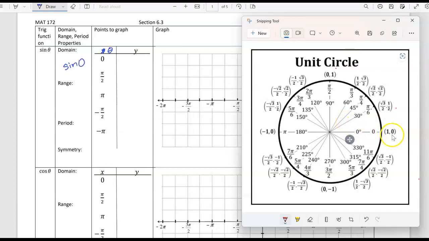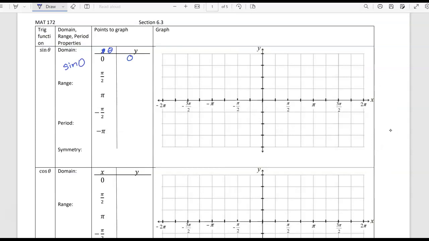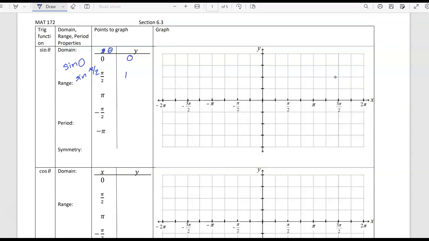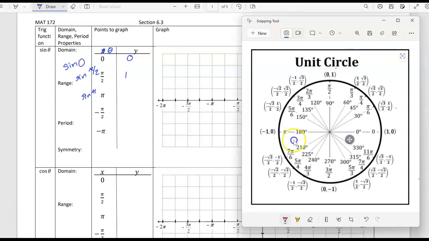The y-coordinate is going to be 0. And then we're going to look at sine of pi over 2. Going back to our unit circle, pi over 2, it's 1. And then we're going to look at sine of pi. Going back to our unit circle, sine of pi is 0.